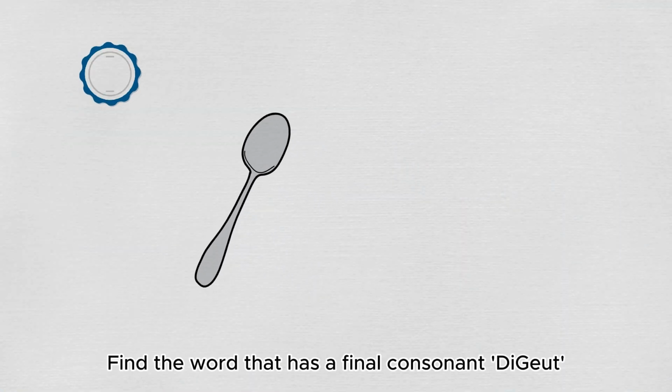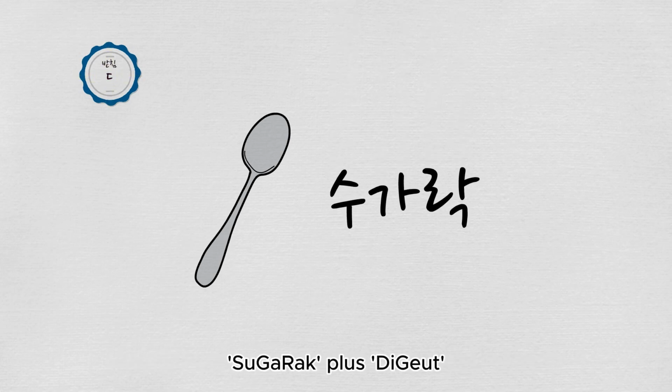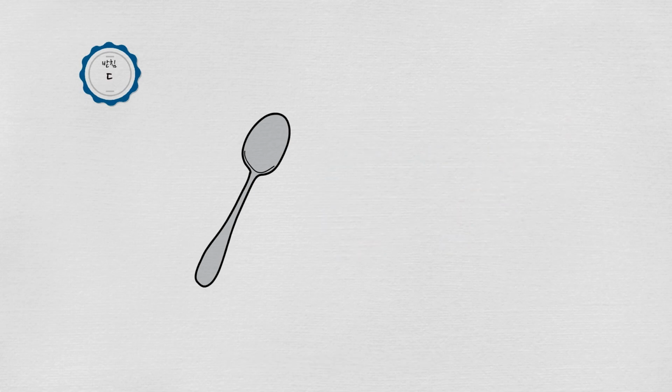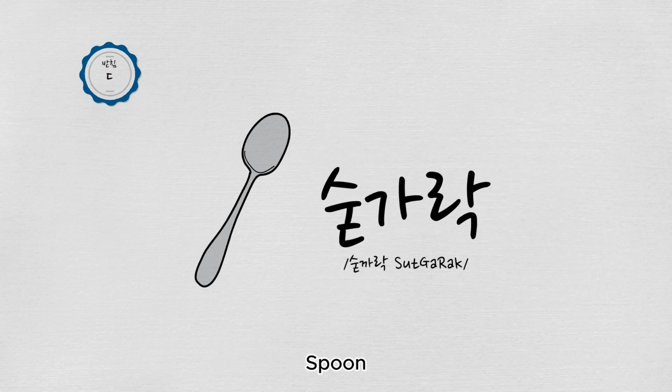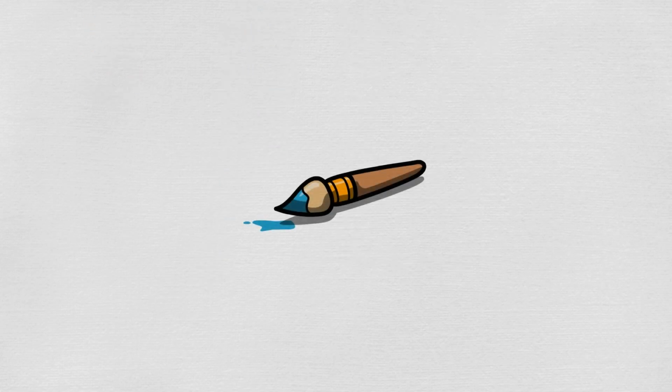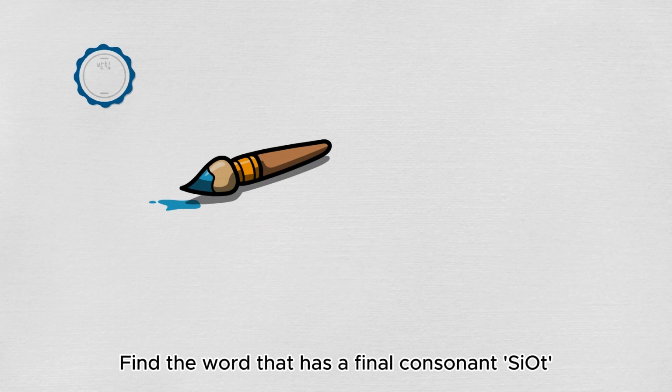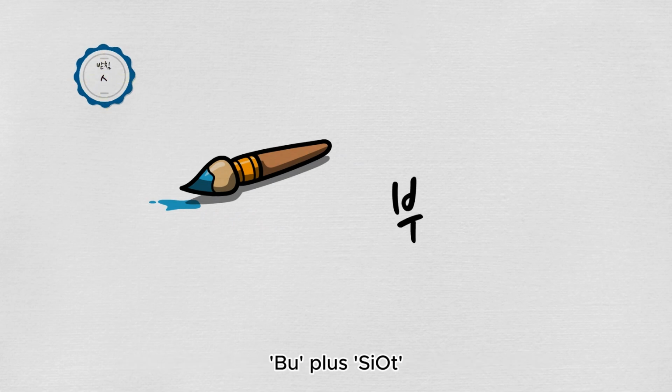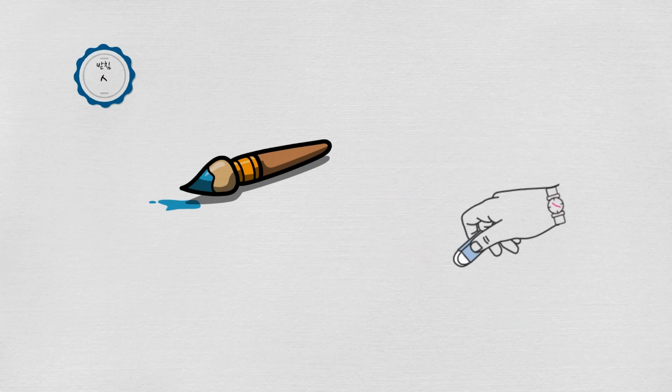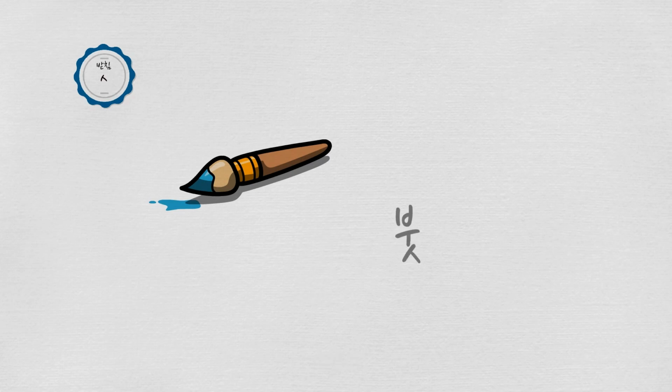Find the word that has a final consonant. 디귿, 수가락 plus 디귿, it's a 숟가락, spoon. 숟가락. Find the word that has a final consonant. 시옷, 부 plus 시옷, it's a 붓, brush. 붓.